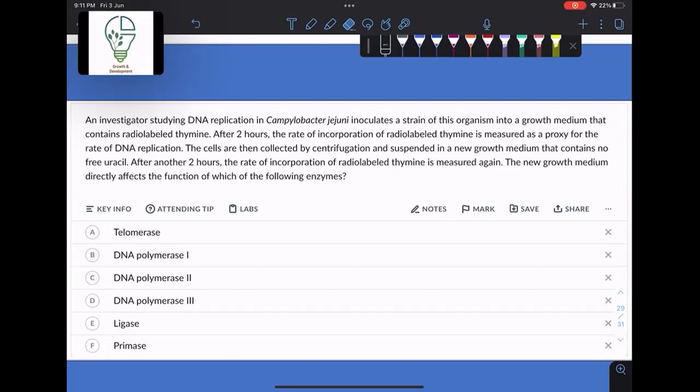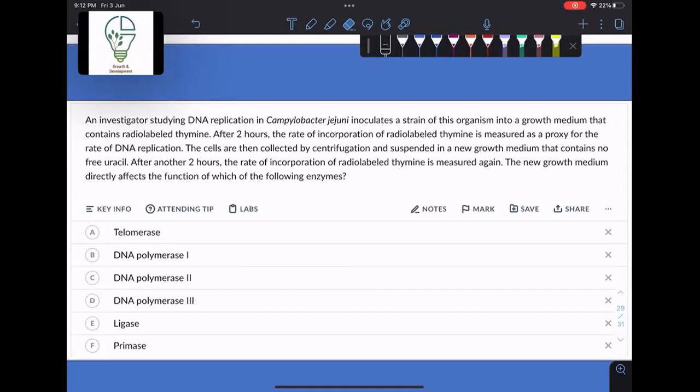The cells are then collected by centrifugation and suspended in a new growth medium that contains no free uracil. After 2 hours, the rate of incorporation of radiolabeled thymine is measured again. The new growth medium directly affects the function of which of the following enzymes? All right, so let's break down this question and then you guys can answer, okay?